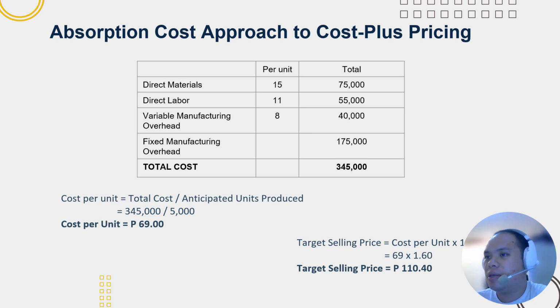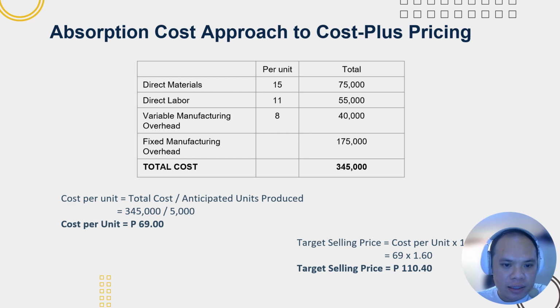Since the business uses cost plus pricing with 60% markup, we will get 60% of this 69 pesos and add it to the cost, which gives us a 110.40 pesos target selling price. You just need to add 1 plus 60% to get 1.60 and then multiply it by the cost, which is 69, to get 110.40. So I hope that clears up this absorption cost approach to cost plus pricing.